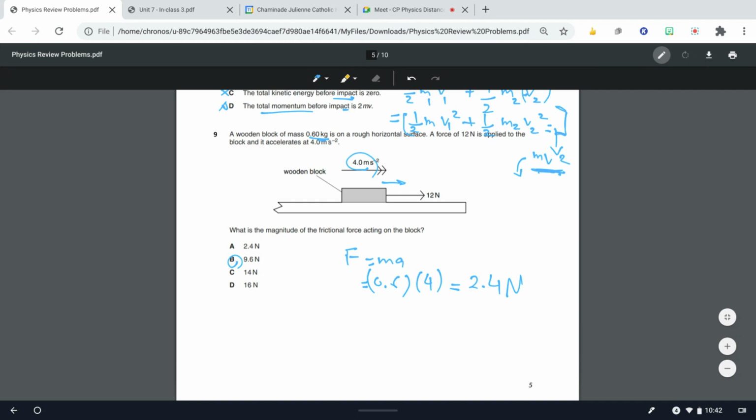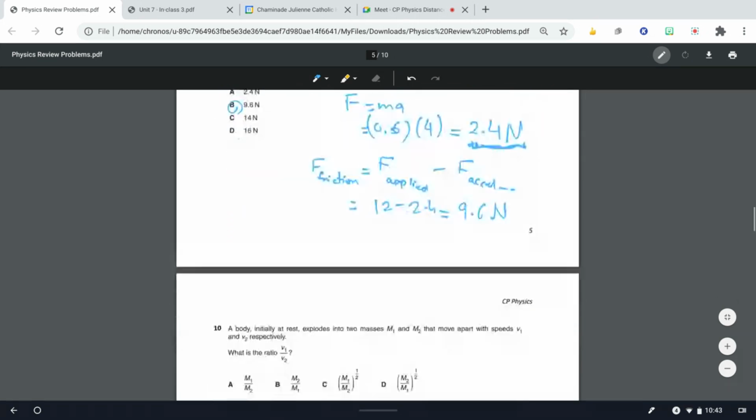The question says that a 12 newton force has been applied, so if the block is accelerating due to the 2.4 newton force, the rest of the force is friction force. So the force of friction would be force applied minus force due to acceleration, that is 12 minus 2.4, which gives you 9.6 newtons, right?